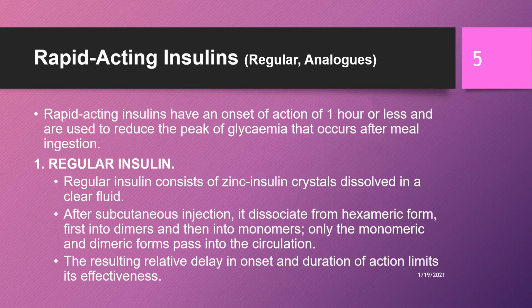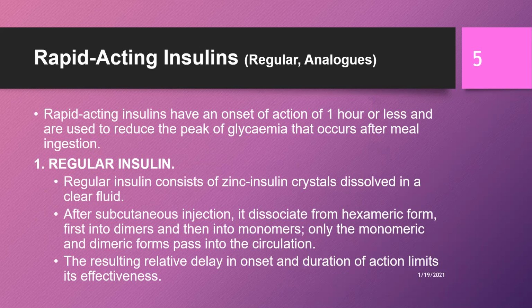So let's start with rapid acting insulins. They have an onset of action of 1 hour or less and are used to reduce the peak glycemia that occurs after meal ingestion. So number one is the regular insulin. This consists of zinc insulin crystals dissolved in a clear fluid. After subcutaneous injection, it dissociates from its hexameric form first into dimers and then into monomers.